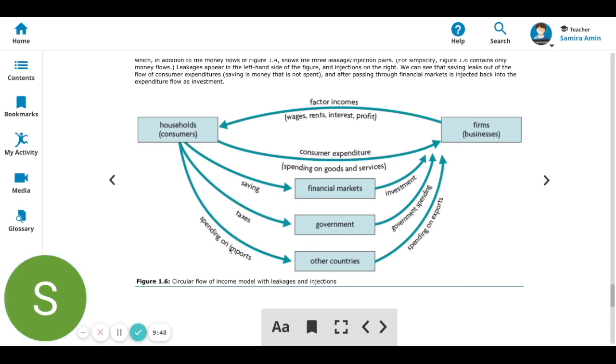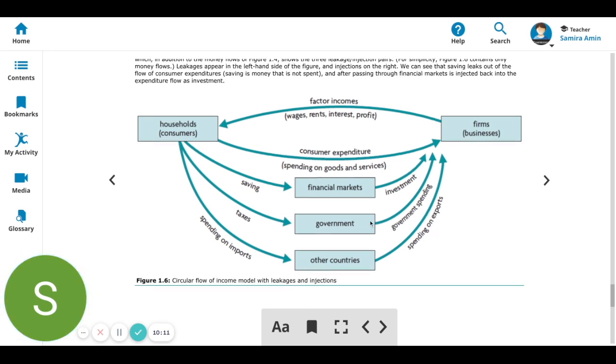Okay, so this is a leakage when you spend on imports. And rather than spending on exports, actually the right word would be export revenue, because that's what the economy would gain from exports, right? When they export goods, you get money in the form of export revenues. So import spending is a leakage, and export revenue is an injection into the economy.